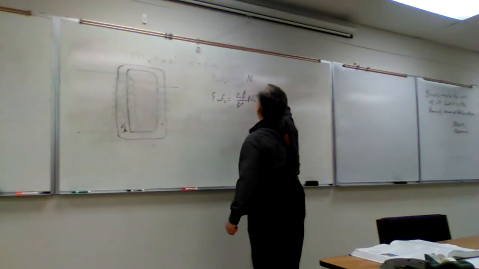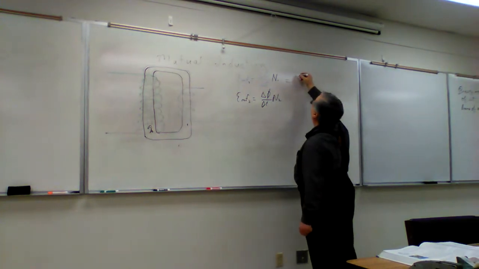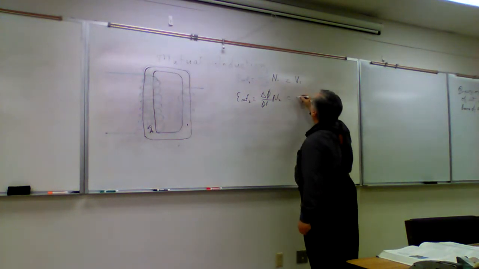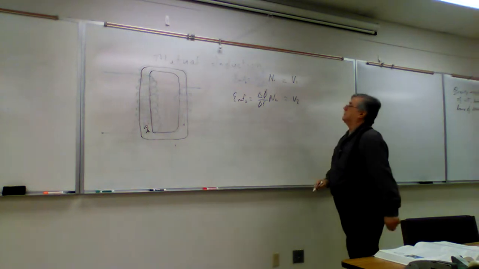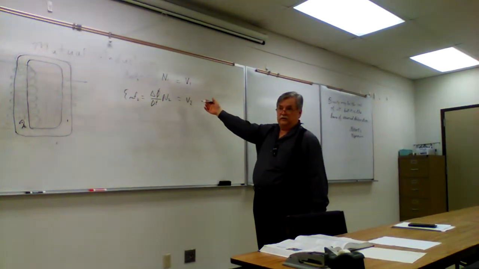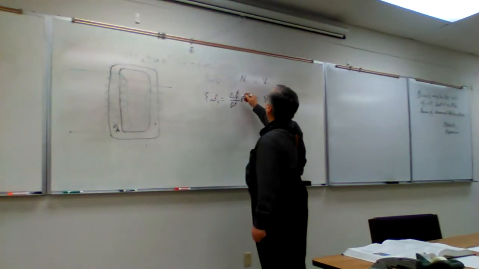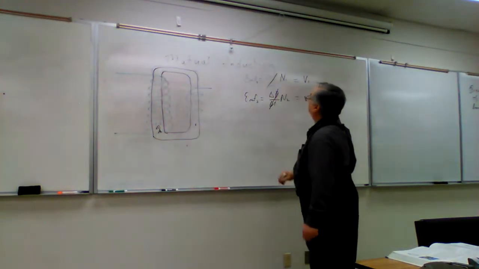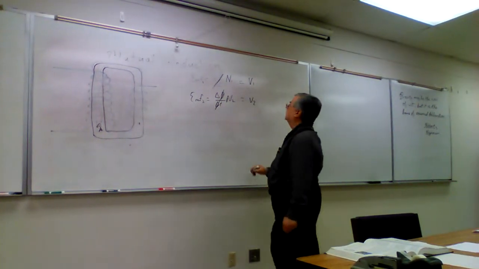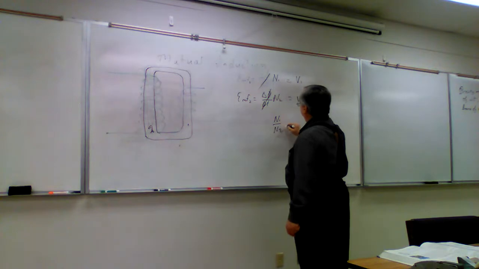Well, the units of EMF are voltages. So we set them. Now we just divide these two equations, take the ratio of the two equations. Change in flux with respect to time goes away, and we end up with N1 divided by N2 is equal to V1 divided by V2.